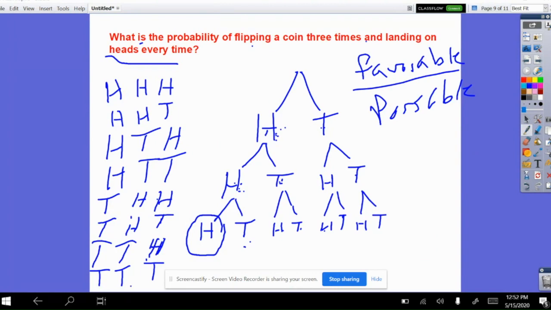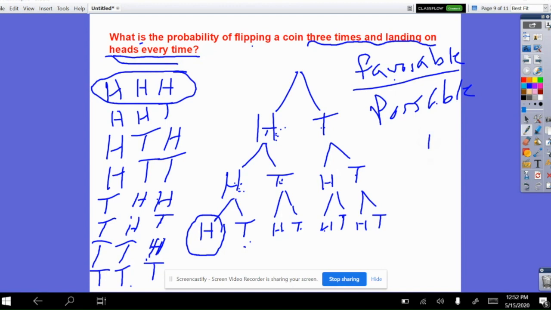The way we figure out probability is favorable over possible, and I apologize for my horrible handwriting on this tablet. The favorable is what would get me the criteria that I wanted, which was landing on heads 3 times. Which one was that? That one, and that's it.